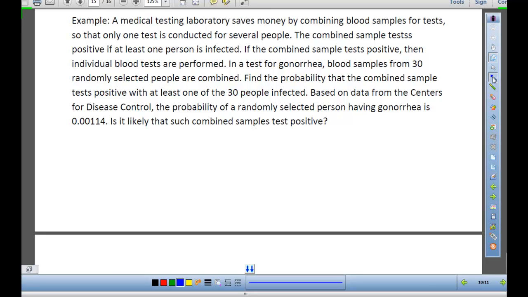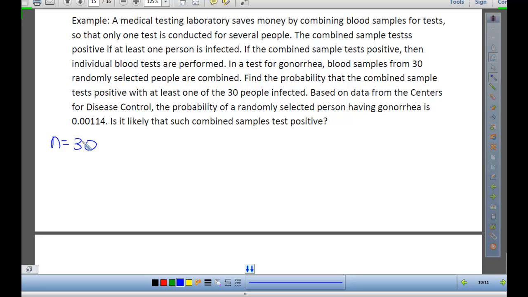Does it? Yes. Okay, we've got what? Fixed number of trials. N in this case is what? 30. Okay, what else? Okay, they're independent. If these people are randomly selected, which it says they are, then one having gonorrhea shouldn't affect the probability of the next. All right, what else? Okay, we got two outcomes. You either have it or you don't.